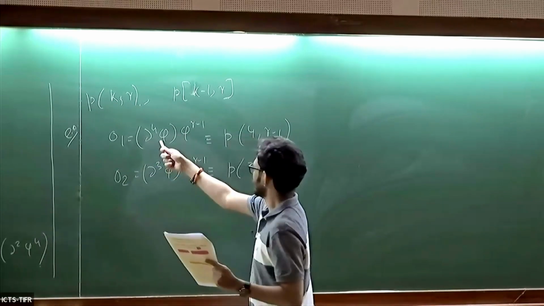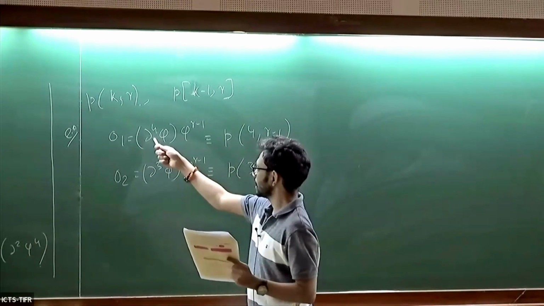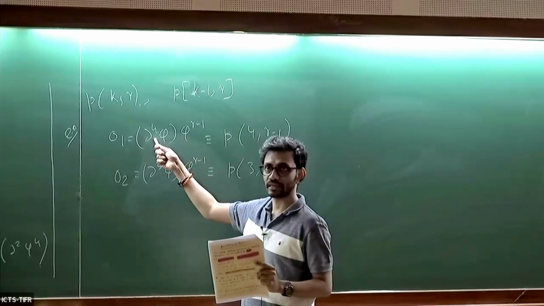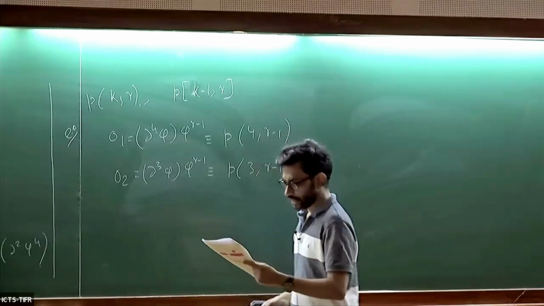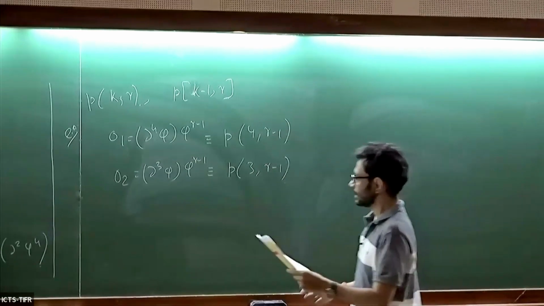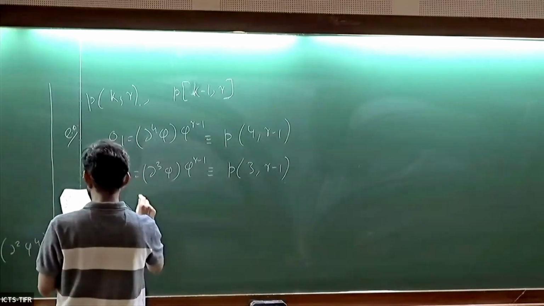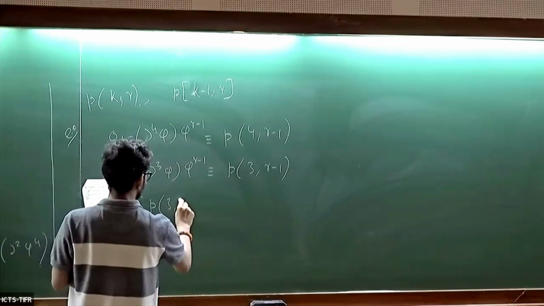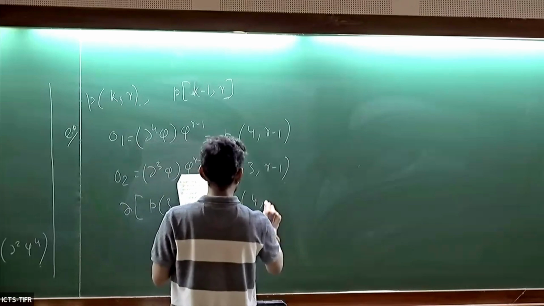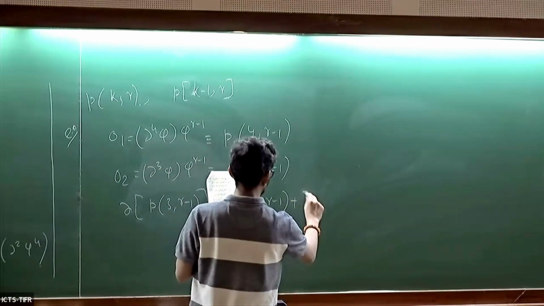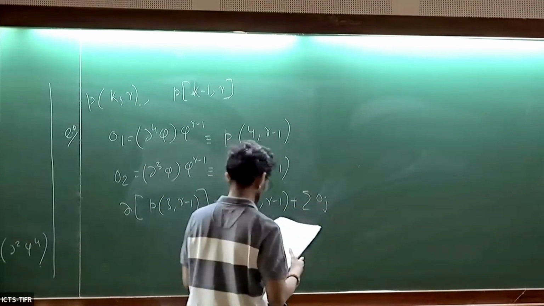Now you see the number of fields is the same, but here there is an extra derivative: del^4 here and del^3 there. So now what we can do is that del of this P(3, r-1) is P(4, r-1) plus some other operators that can be connected.